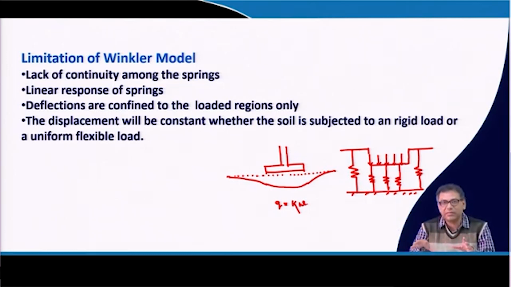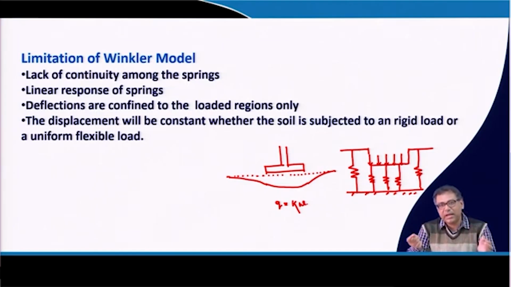But for the Winkler spring, whether your foundation is flexible or rigid, your deformation will be uniform. Okay, but unless you do something else, for example, if you take a stiffer spring at the edge and a weaker spring in the middle, you will get less deformation at the edge, because if you increase the K value, definitely the W value will decrease.